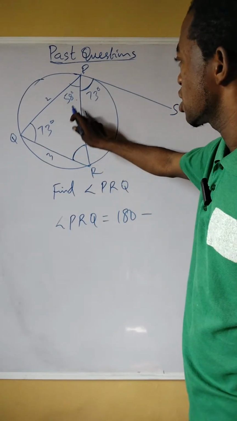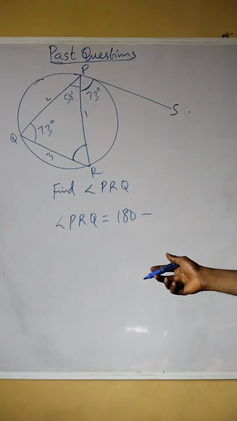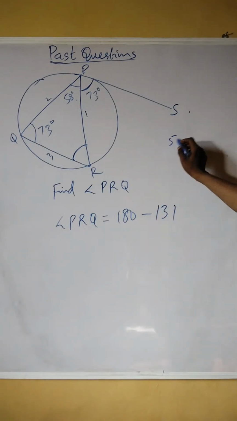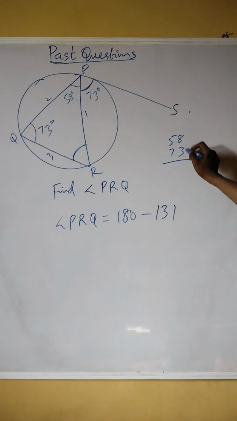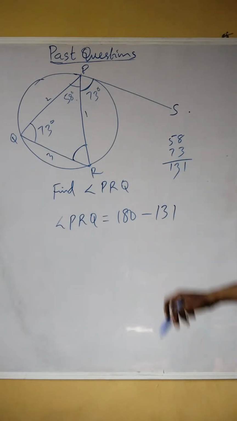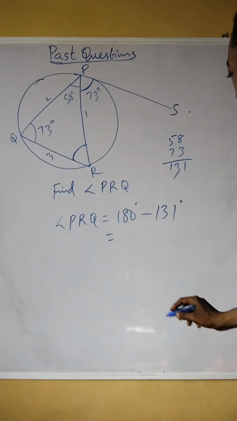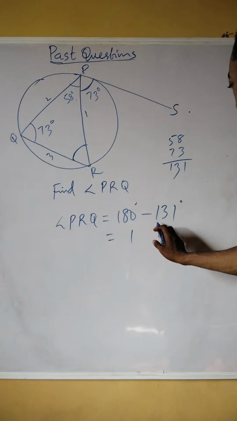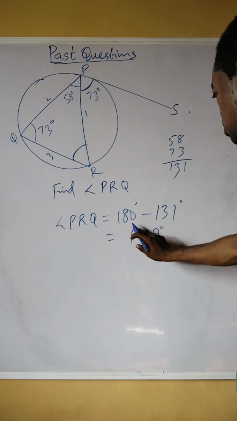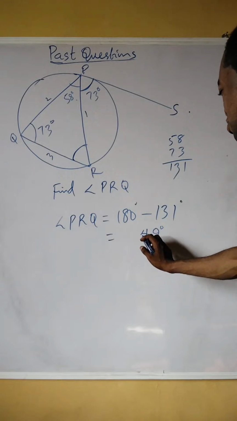So just sum these angles. 58 plus 73 gives us 131 degrees. So 180 minus 131, that's 49 degrees.